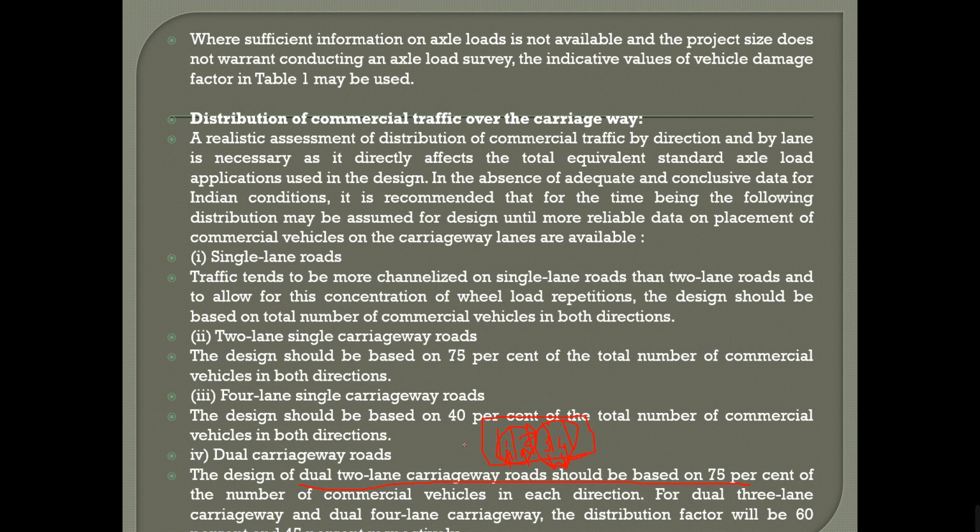But here the direction of the traffic is opposite on the other side, and there we also expect to have two lanes. This is the origin to destination flow, and the other direction of flow will be from destination to origin. Hence, the concentration of stress, deflection, as well as strains upon the road surface is not based on 100% of the commercial vehicles.